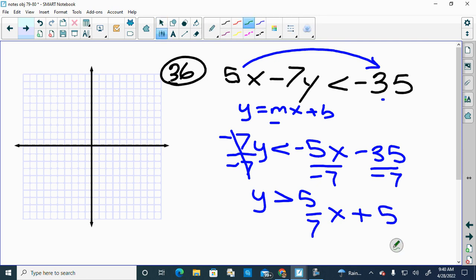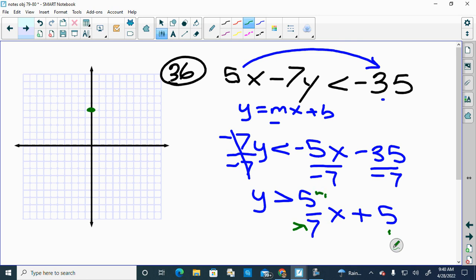Okay, so graphing. Remember we graphed this part first. On the y-axis, I'm going to go up 5 and put a dot. 1, 2, 3, 4, 5. It's positive 5. Just because I only need to do one of them, I'm going to do this one. From this dot, I'm going to go up how many? 5.